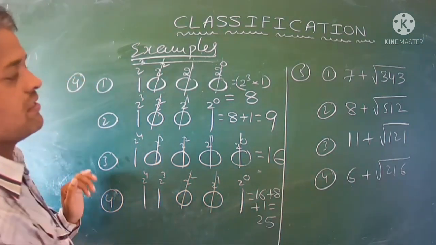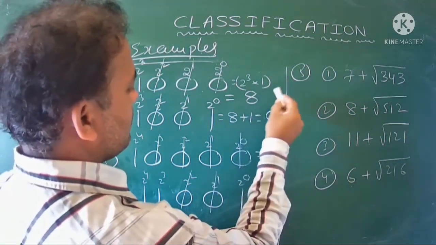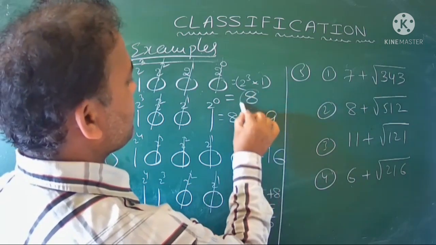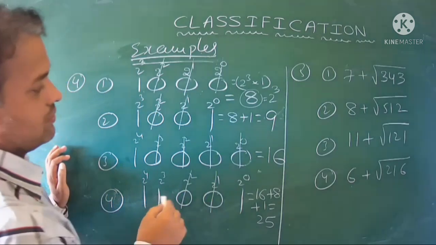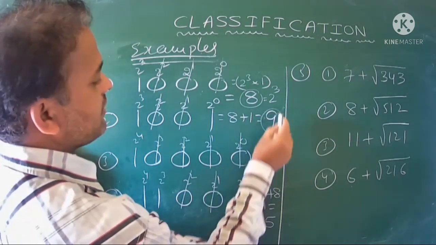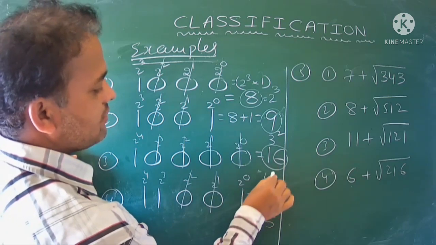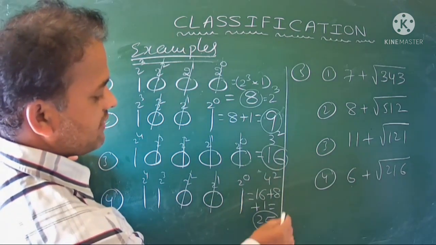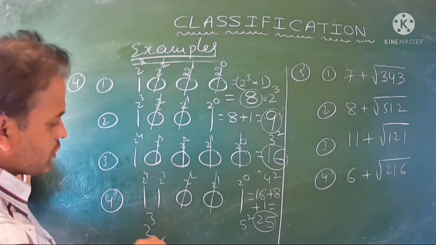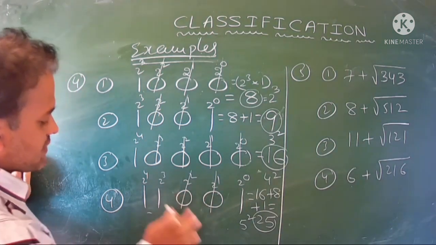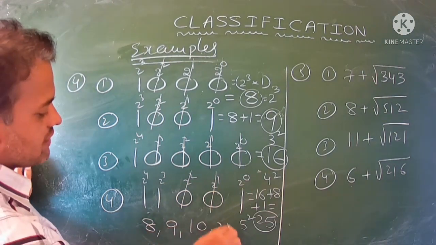Okay, once you observe here, 8 is nothing but 2 cube, and 9 is nothing but 3 square, 16 is nothing but 4 square, 25 is nothing but 5 square. So here, first you need to write 8, 9, 16, 25.